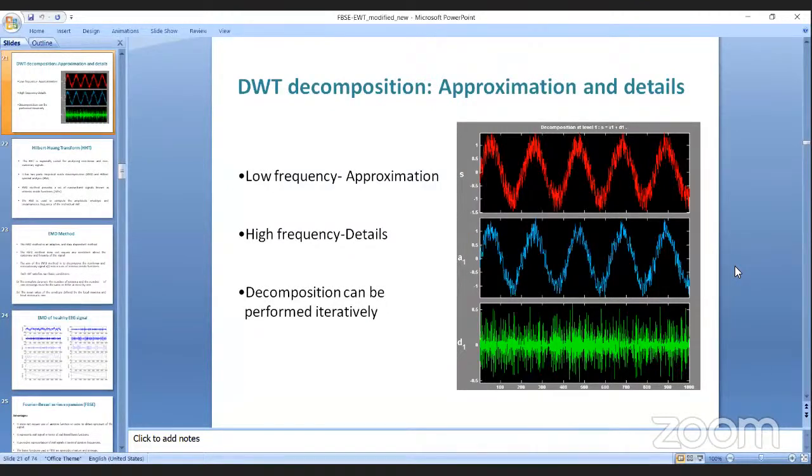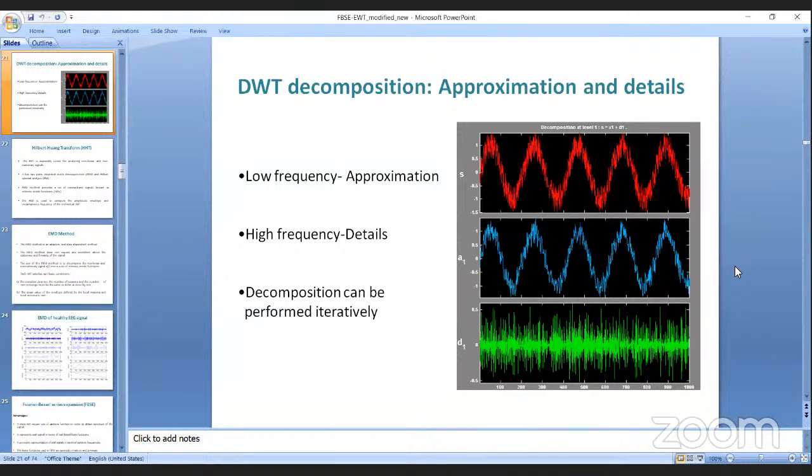There is no thumb rule which will help us to determine the number of levels required for the decomposition of the signal. And also, it is not known which mother wavelet is suitable for which kind of signals. So most of the studies are based on trial and error. They study various mother wavelets, and then they find which mother wavelet is better.